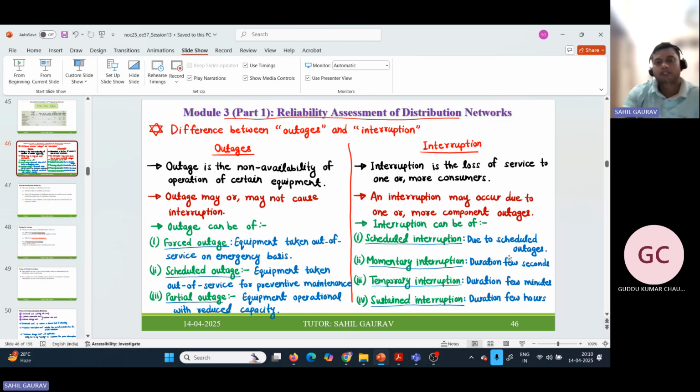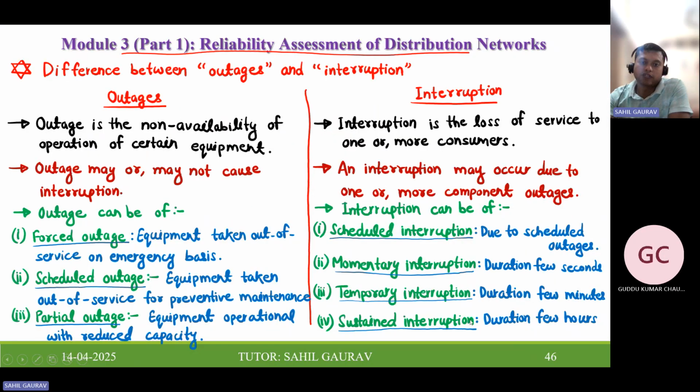Scheduled means due to scheduled outages, momentary means duration of a few seconds, temporary means duration of a few minutes, and sustained means duration of a few hours. In outage, forced outage means equipment taken out of service on an emergency basis, scheduled outage means equipment taken out of service for preventive maintenance, and partial outage means equipment operational with reduced capacity.